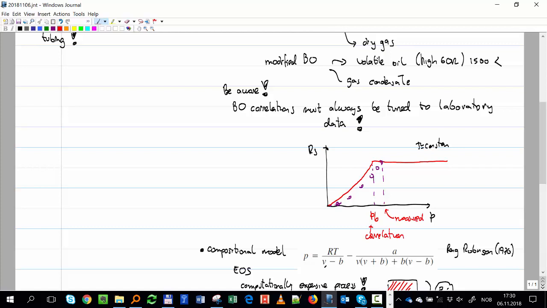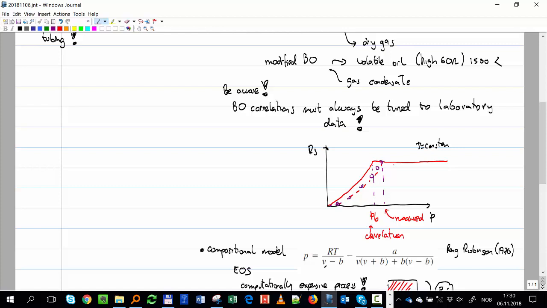In that case, you have to tune the correlation, which we are not going to cover in this course, such that the line passes exactly through the points. You insert a factor in the correlation and then you try to match the data that you measure.